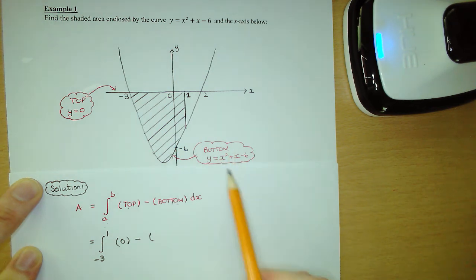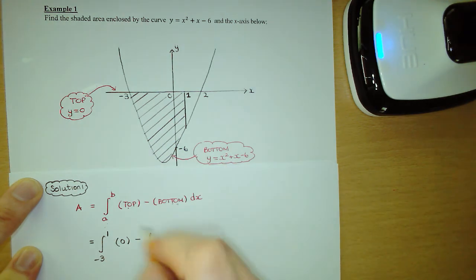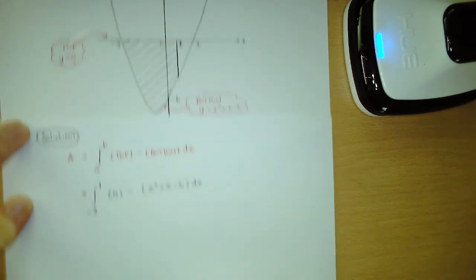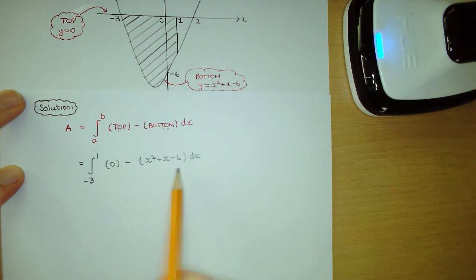So x squared plus x minus 6. Close our brackets and then copy down dx. So what we've done now is we've set up our equation which represents the area that we're trying to find.